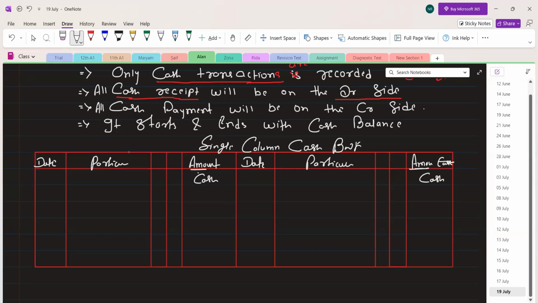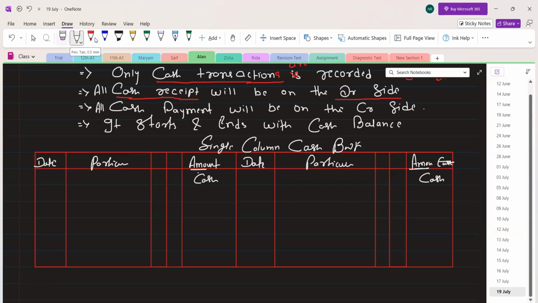That's why it is single column cash book. No, not one amount column for both debit and credit; one on each side.